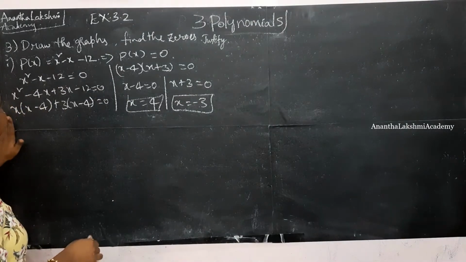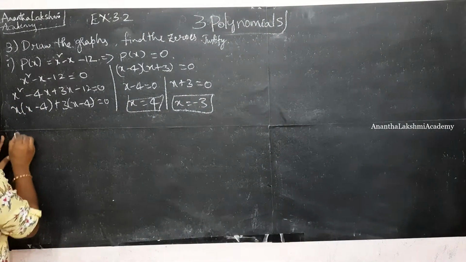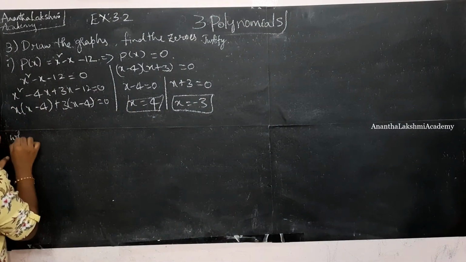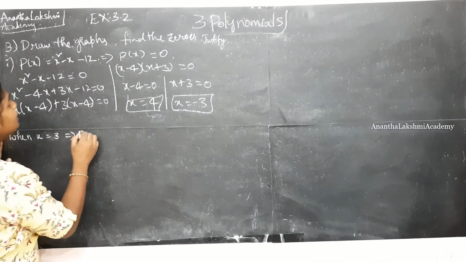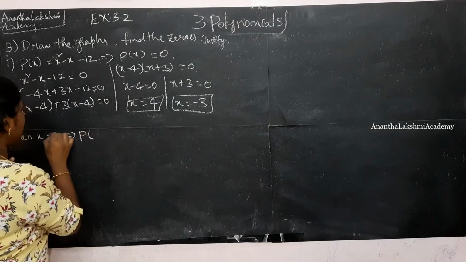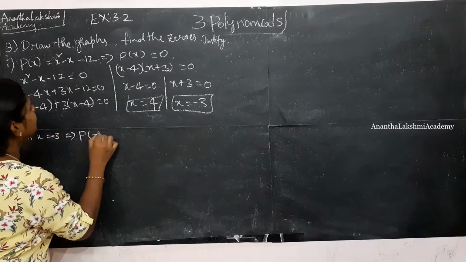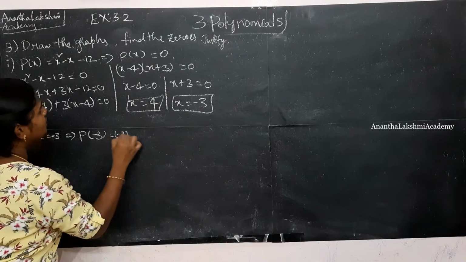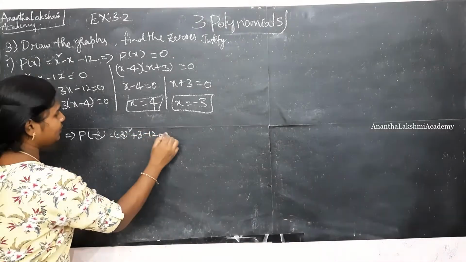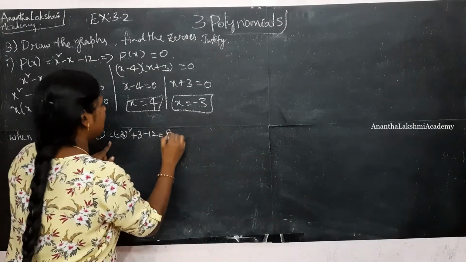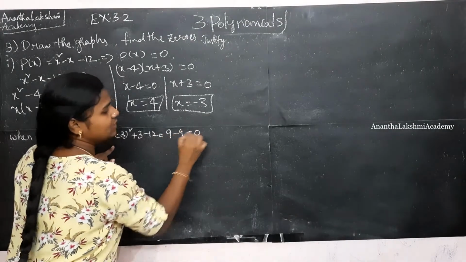So when x is equal to minus 3, what is p of x? p of minus 3 is equal to minus 3 whole square plus 3 minus 12, which is nothing but 9 minus 9 is equal to 0.